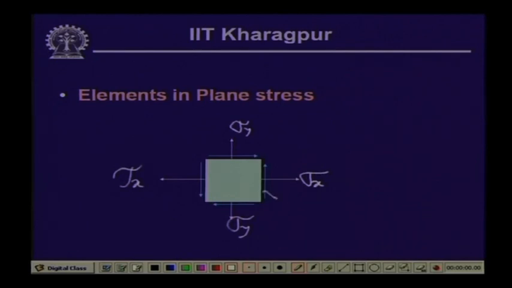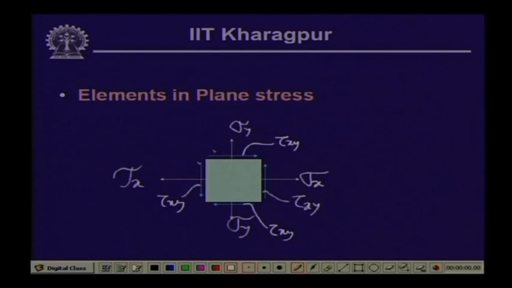So, we call this tau x y. This being the y plane and this here acting in the x direction, according to our designation nomenclature we would call this tau y x, but since tau y x is equal to tau x y, we call this tau x y, and so are these stresses, tau x y and tau x y.